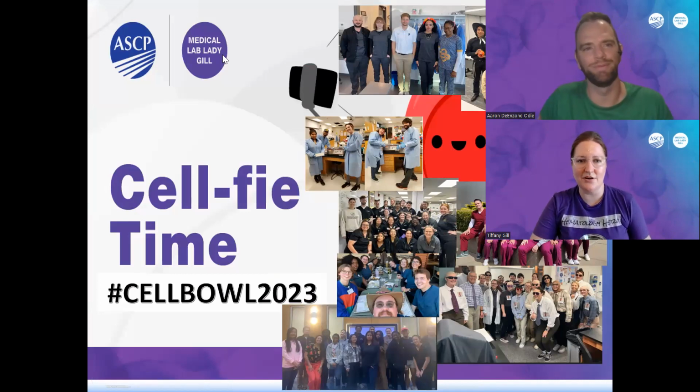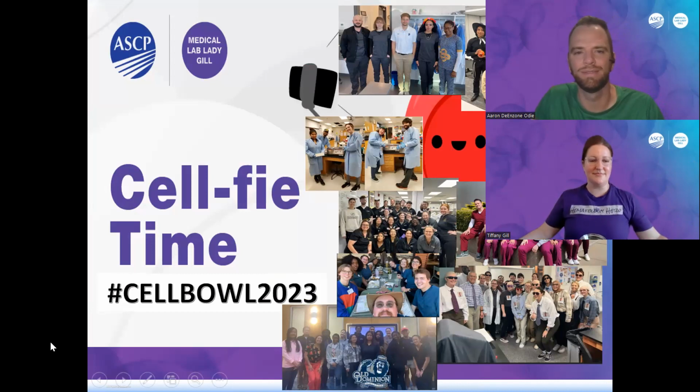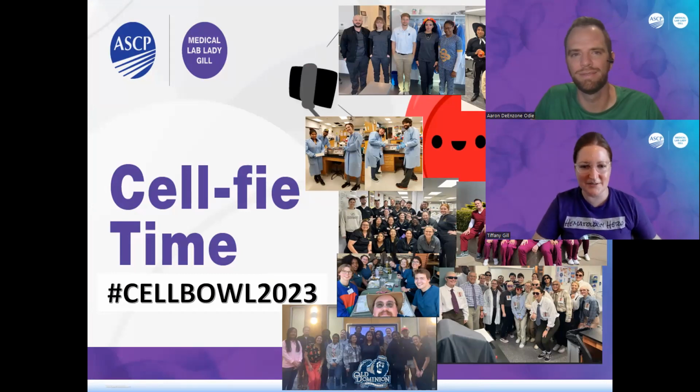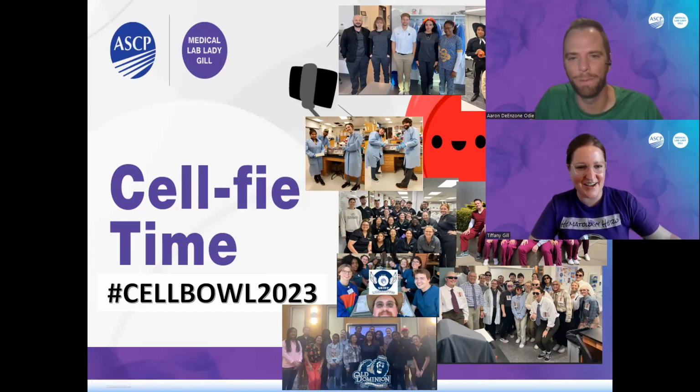Okay, so we are at our selfie point. It's one of my favorite parts. And these are all the teams that played this week. So let's go through and see who they are. We've got Old Dominion Monarchs right down there at the bottom. We've got St. Lucasites right on top of them.